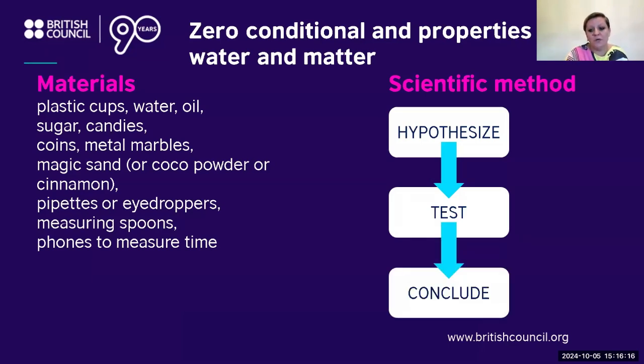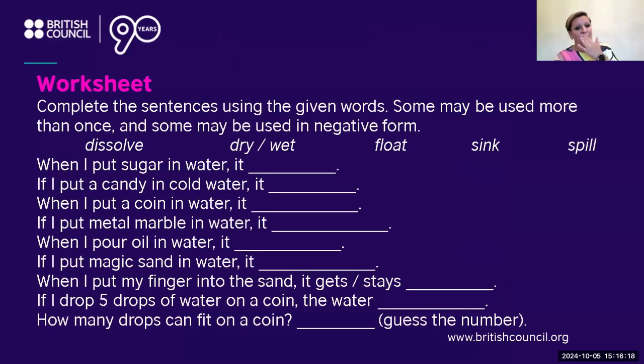So students were working in groups, and all the groups had their materials and a worksheet. So we wanted to see what happens when we put candy in cold water, what happens when we put a coin in water, what happens if we put magic sand in water, or if we put a finger into the magic sand.